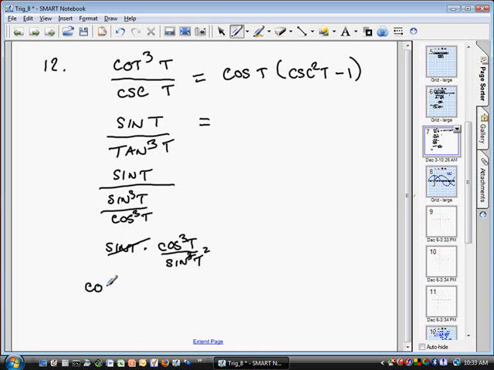I'm going to write it this way. So I factored out a cosine. By the way, I'm starting to peek at my goal. And do you see how my goal over here on the right has a cosine multiplied by something?